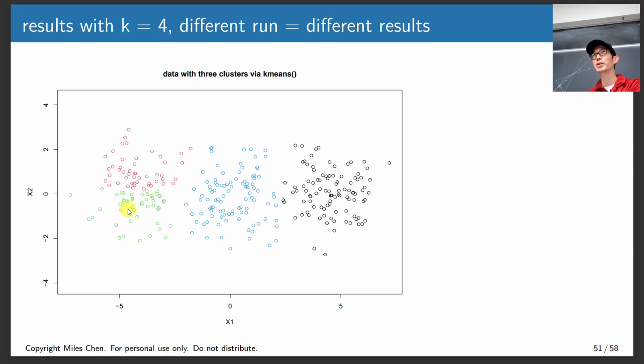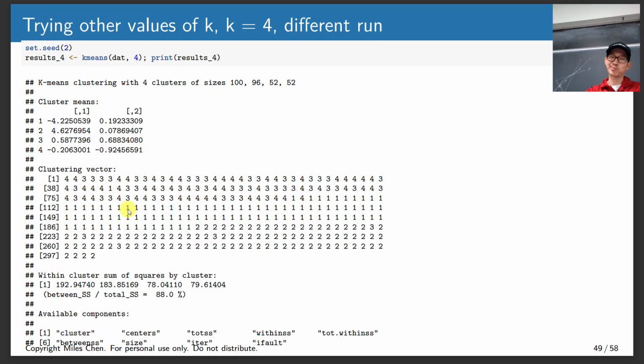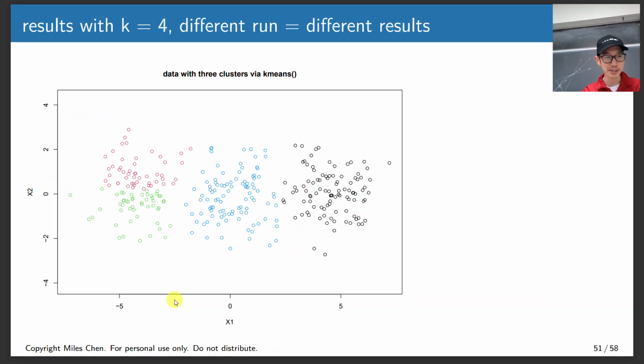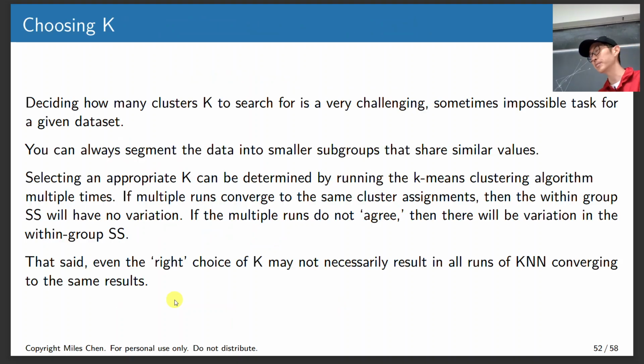Is one more correct or less correct than the other? Well, we can measure it using this between sum of squares number, and we're trying to get something a little bit better, but again, you're not necessarily going to get great results. How many clusters should you search for?